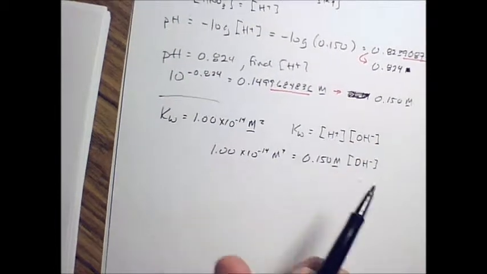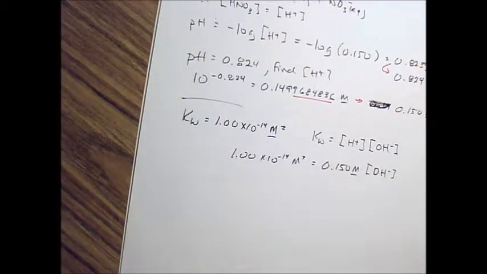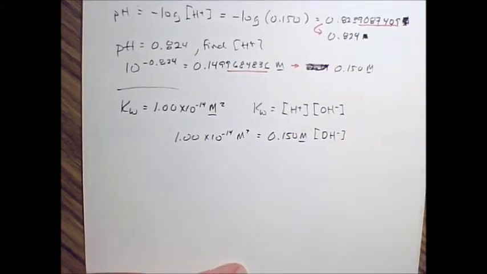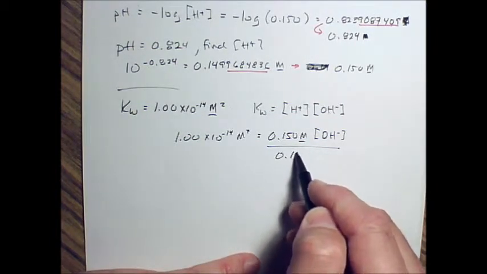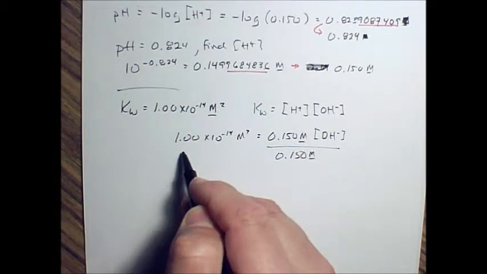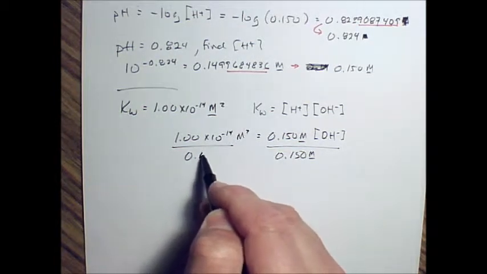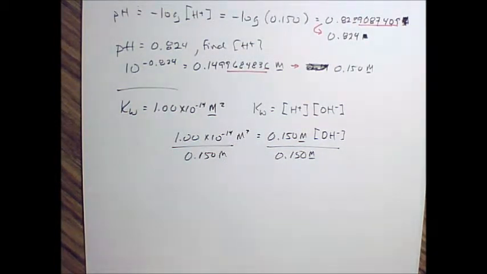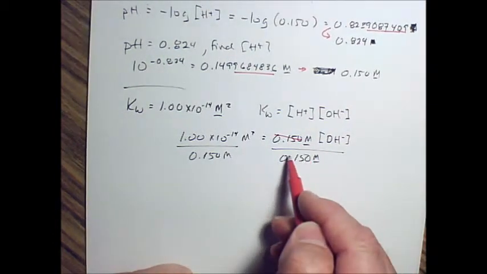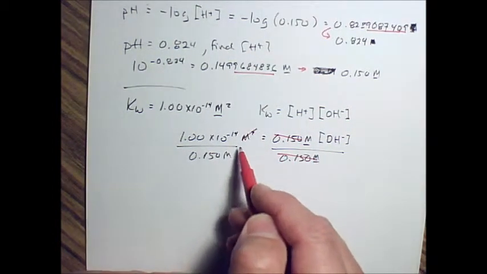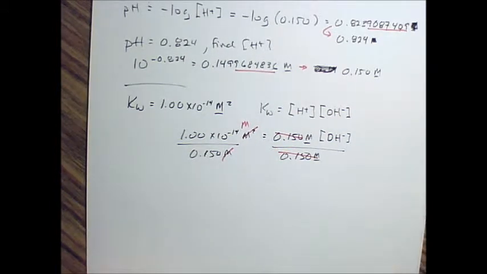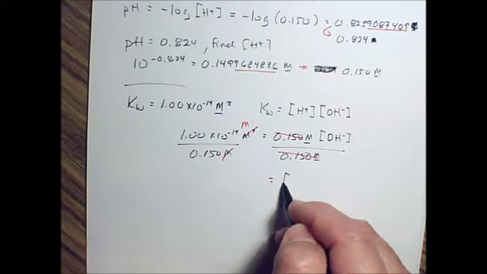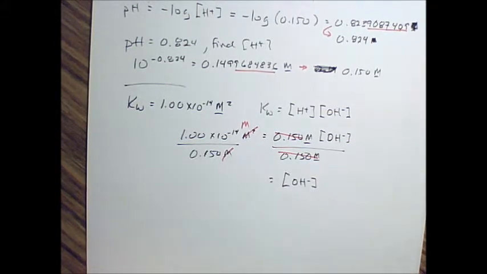We have to isolate the unknown. How do you isolate the unknown in this case? Divide both sides by 0.150 molar, and we get rid of one of the molarities here. So when we do that math, we'll have the molar concentration of hydroxide.